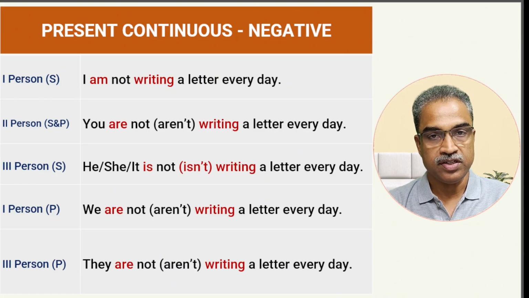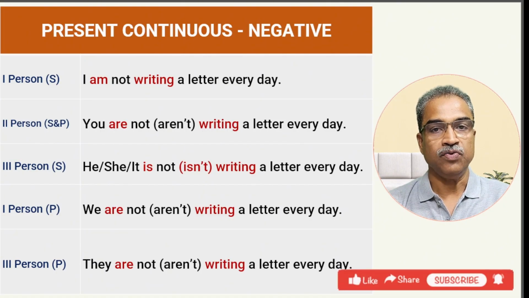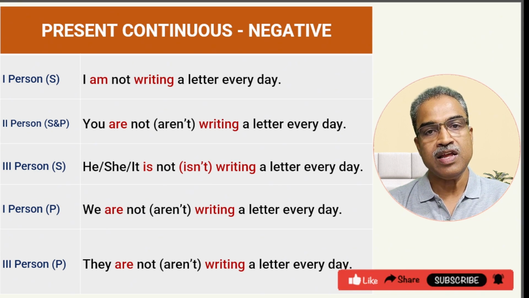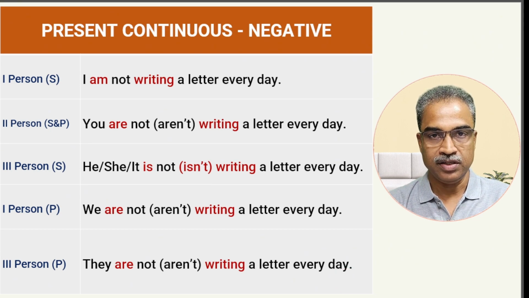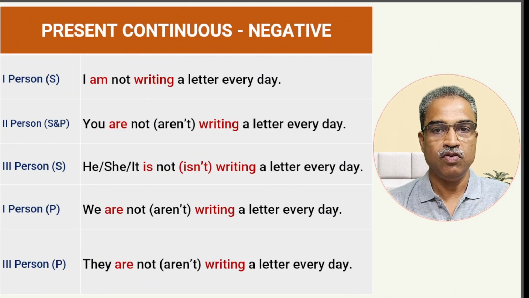But this is present tense we are doing, so we need to take be's present forms, and they are is, am, are. So it is very clear. We need to use this immediately after the subject, whatever may be the subject, be it a noun, be it a pronoun. Subject is always subject. Immediately after the subject, you need to use either is or am or are, and then when you make a negative, you need to put that not immediately after this auxiliary verb.